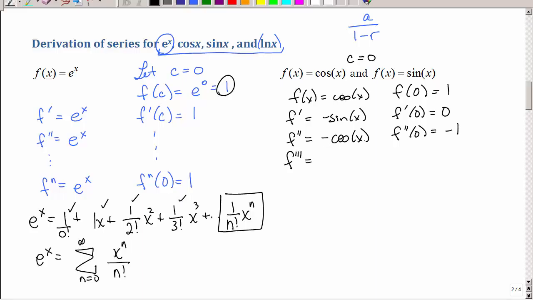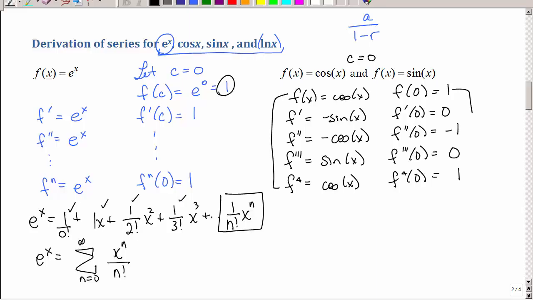So here the derivative of cosine is negative sine with the negative, that would be positive. But I still get 0. Let's just do one more. So the derivative of sine is cosine, and that is 1. And so I've repeated the pattern, so it's just going to keep repeating.